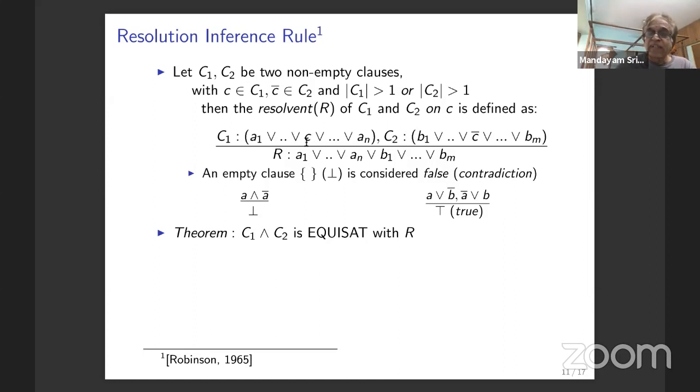Then the first clause C1 is trivially true. And in order to satisfy C2, you have to make one of the other literals in C2 true, because C bar reduces to 0 in this clause. So if one of the other literals in C2 is true, so is the resolvent.